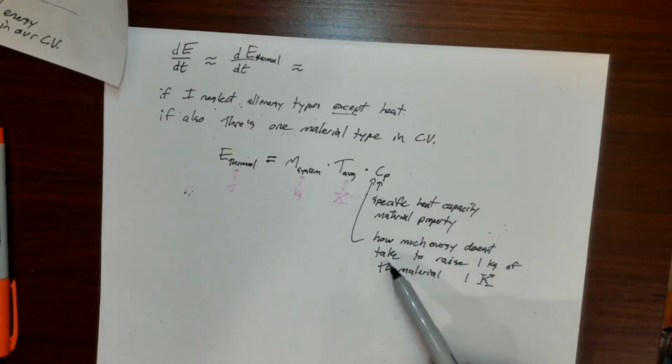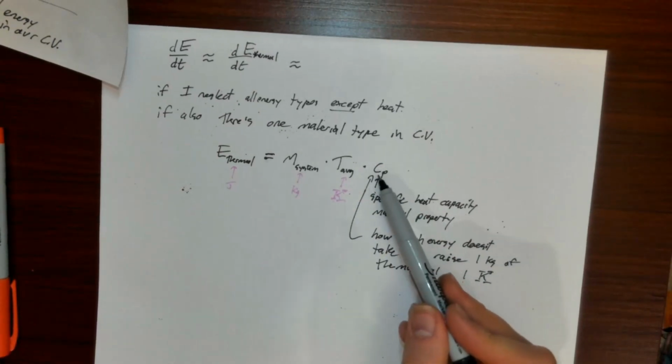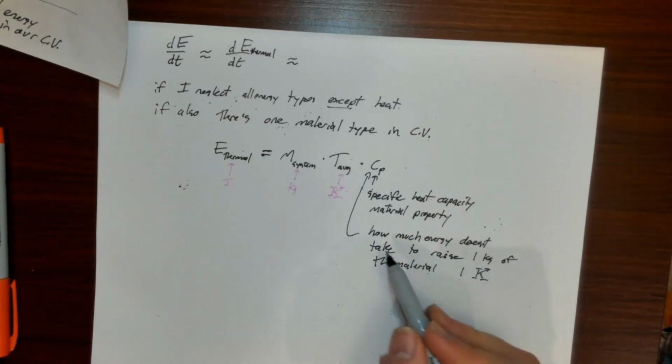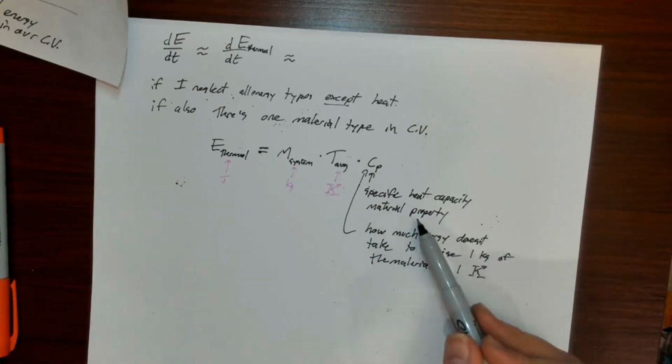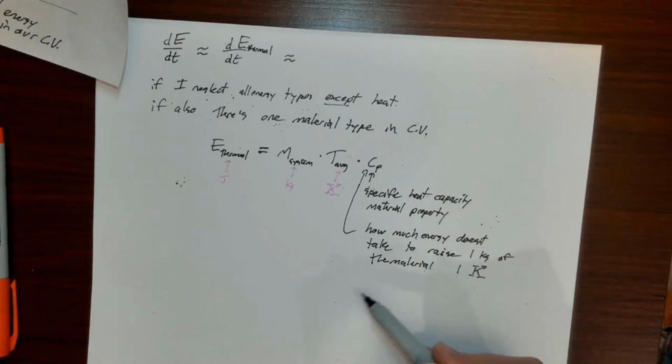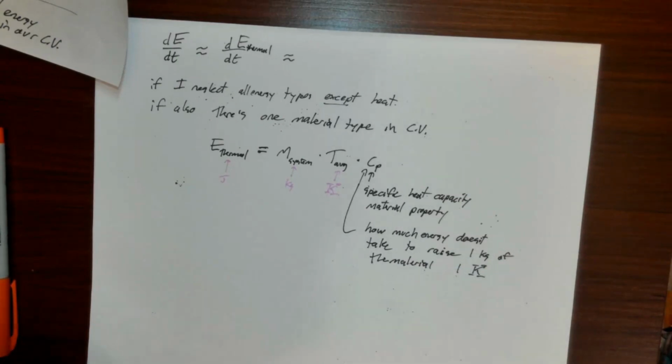A material that has a high capacity takes lots of joules to raise 1 kilogram of it 1 Kelvin, whereas a material that has a low heat capacity takes very few joules to raise 1 kilogram of it 1 Kelvin.